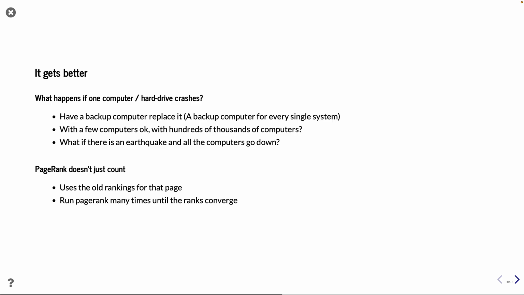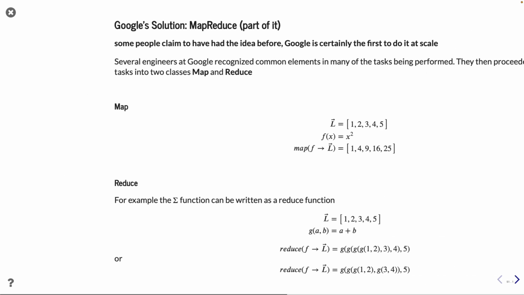That could happen, but let's hope not. And on top of it, PageRank doesn't only count pages; it also uses the old rankings for the page and runs several times until the ranks converge. So it's a really complex system that needs to be handled.